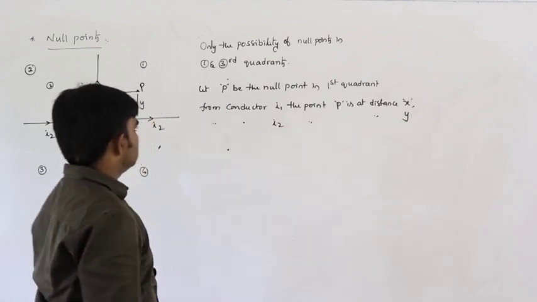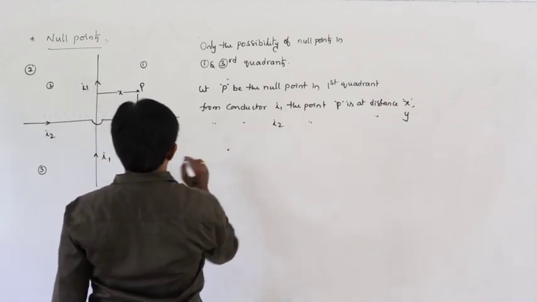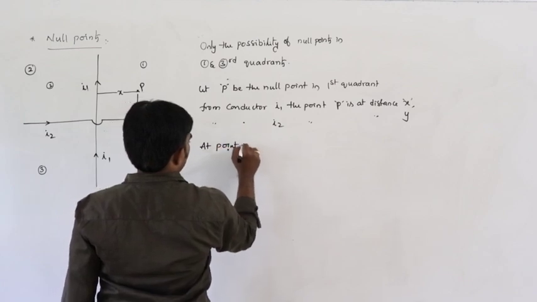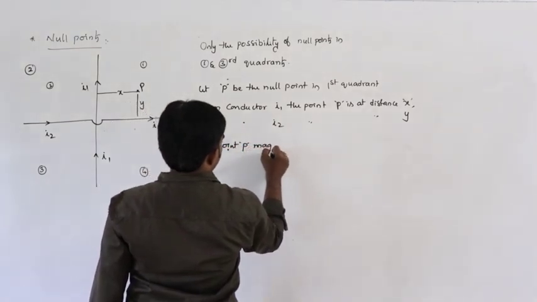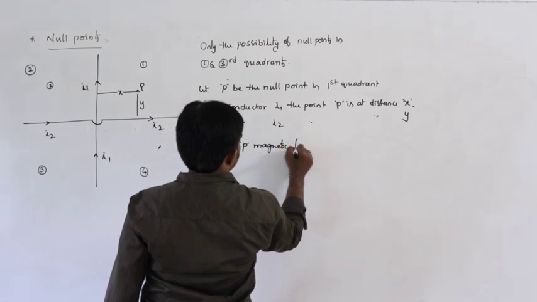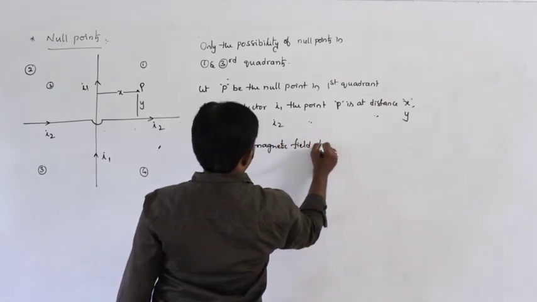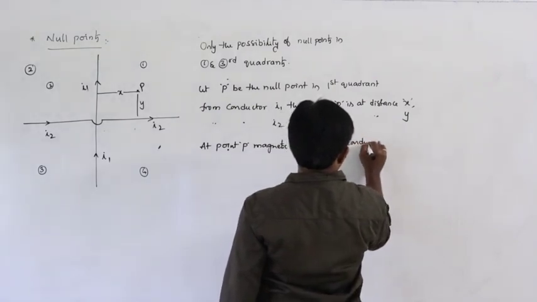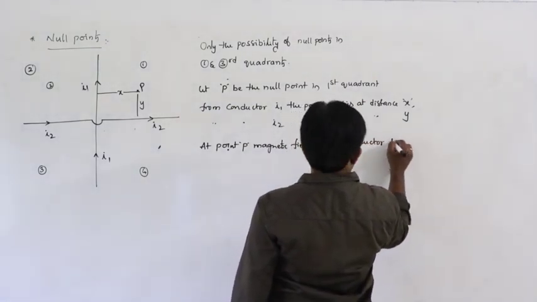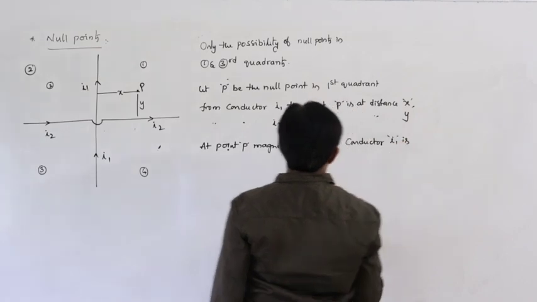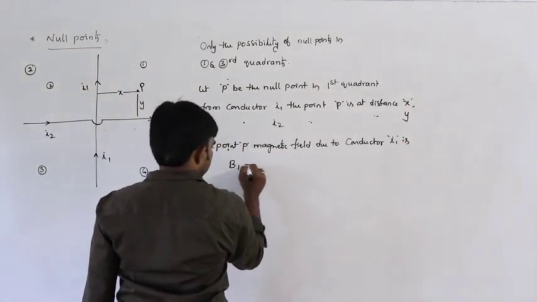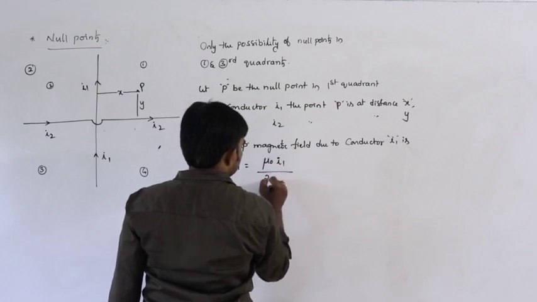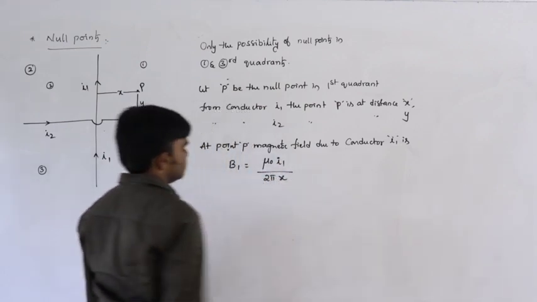So that means at point P, the magnetic field due to conductor I1, B1, can be written for an infinite current carrying conductor as mu naught I1 by 2 pi x.